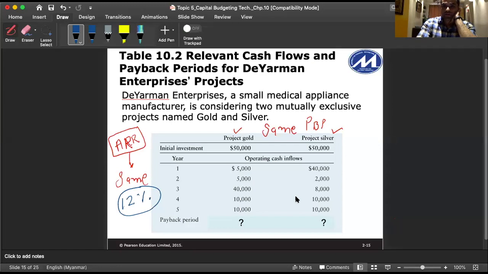Anyone else who chose Project Silver? So Project Gold is 48,000. Can you tell me the value for Project Gold and Project Silver?